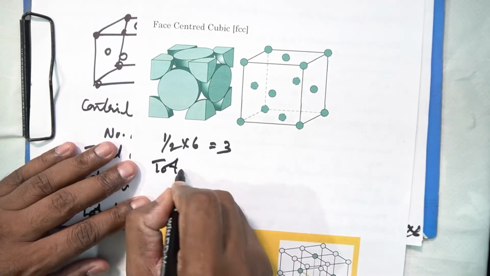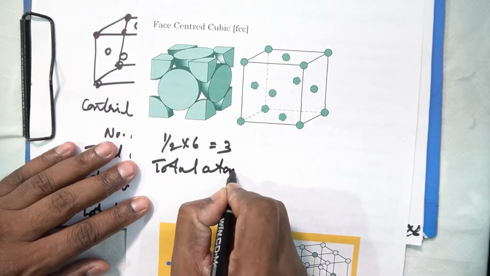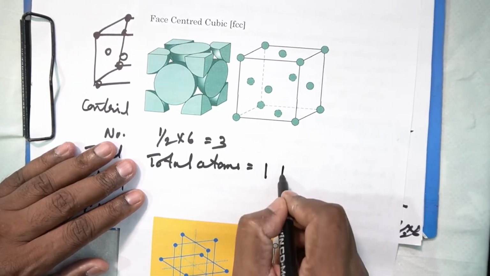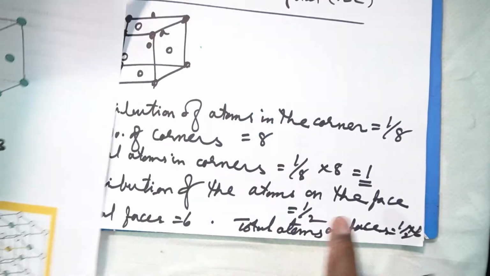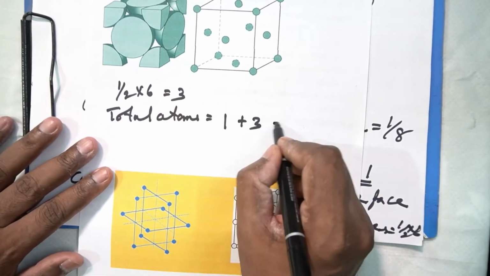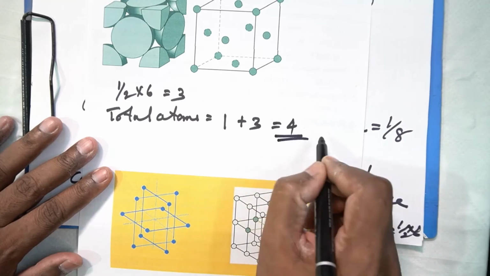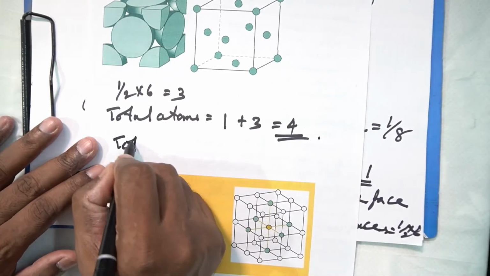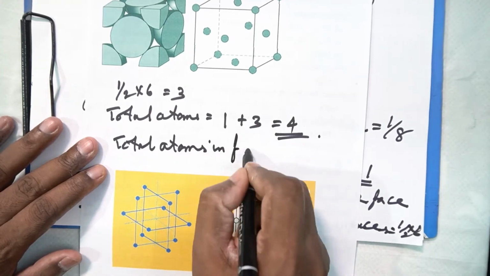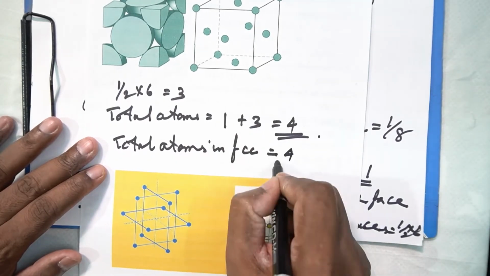So total atoms is equal to 1 plus 3, 1 from the corners and 3 from the faces. Total atoms in FCC is 4.